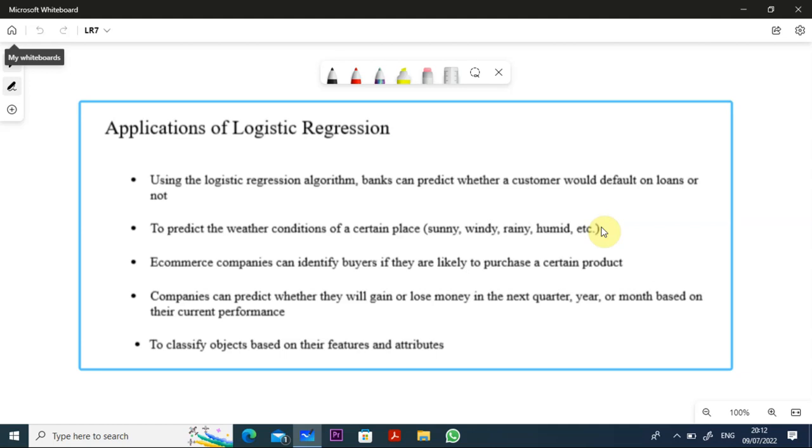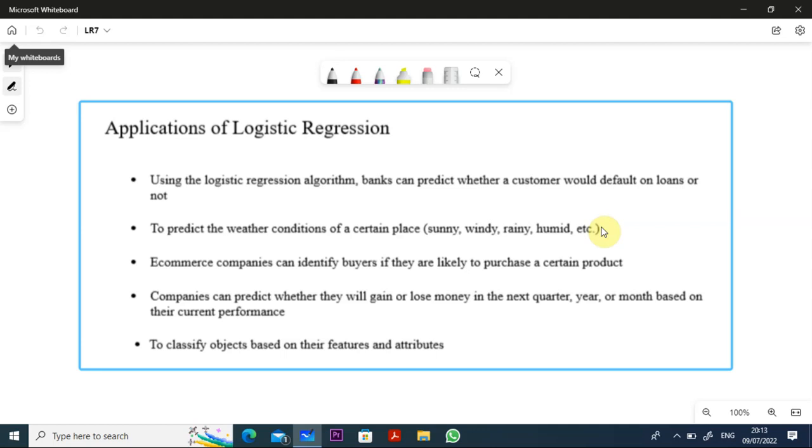To predict the weather condition of a certain place, like whether it will be a sunny day or windy day, why is this required? Suppose I am planning an international cricket match tomorrow at some place like Hyderabad, Barabati Stadium, Cuttack, or some stadium at Calcutta. If I plan a match, then I have to predict whether it will be a sunny day, a windy day, a rainy day or a humid day.